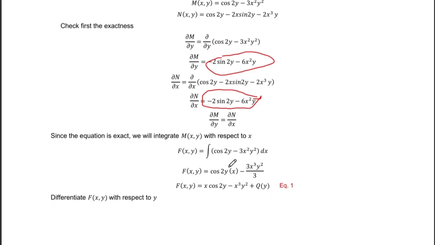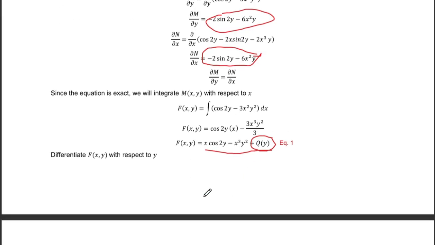Simplifying, we have f of x and y is equal to x cosine 2y minus x cubed y squared plus q of y. Q of y is what we are going to find next to complete the equation. This will be our equation 1.